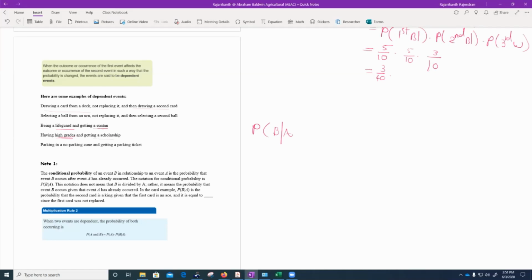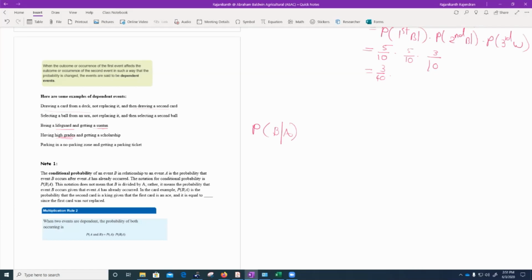So you are doing the second experiment after the first experiment, already done. Then the probability of that event is called a conditional probability. Conditional on what? Conditional on the previous event. So we write it like that: the probability of B, with a slash, and the event that already happened second.